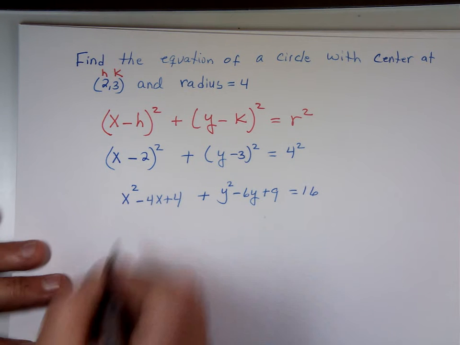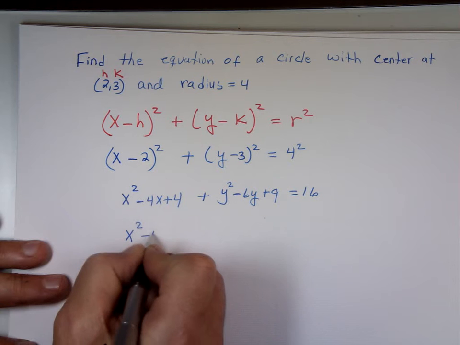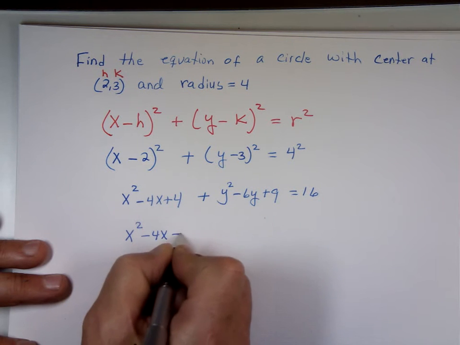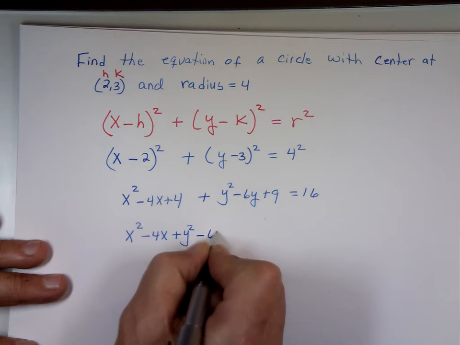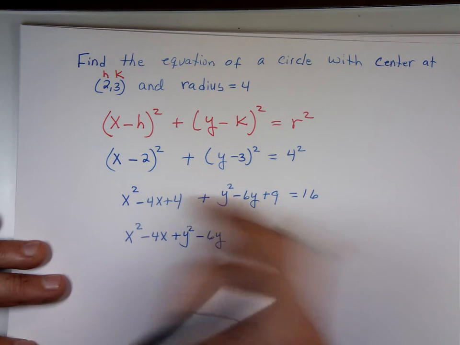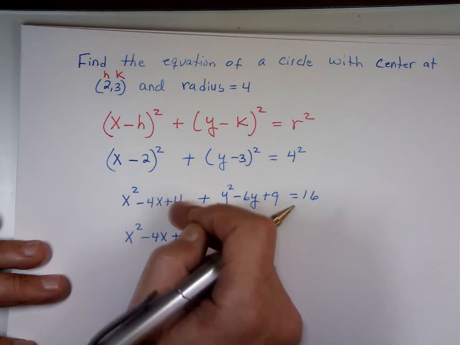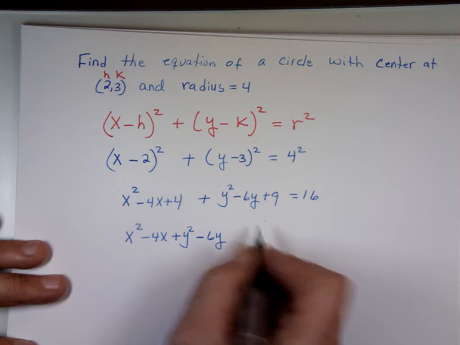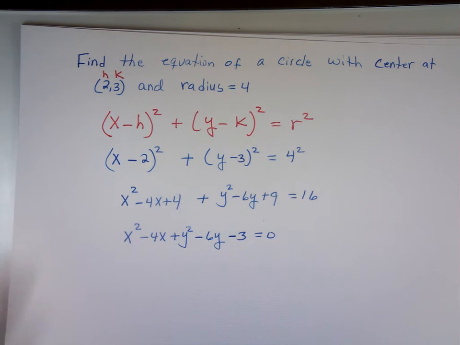So I can say x squared minus 4x plus y squared minus 6y. What's 9 and 4? 13. When you bring the 16 to this side, what's 13 minus 16? Negative 3. So if you collect like terms, that's what you're going to have.